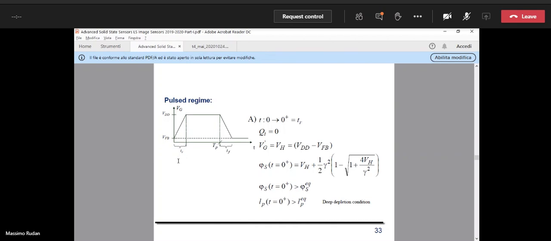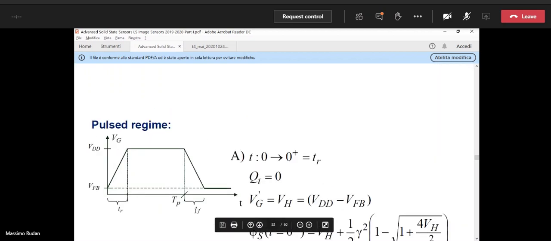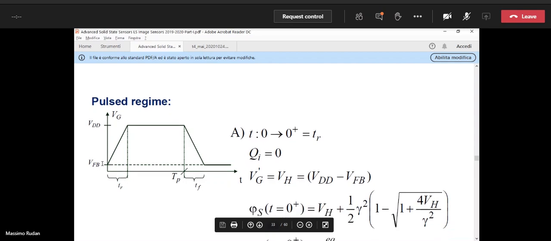And the time that it takes to go from the flat band voltage to a high voltage is called TR, rise time of the gate voltage. Here we use the symbol VDD because it is a different set of slides, but it is a high voltage, okay, corresponding to strong inversion.